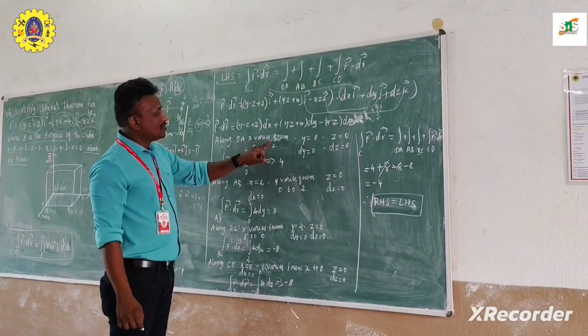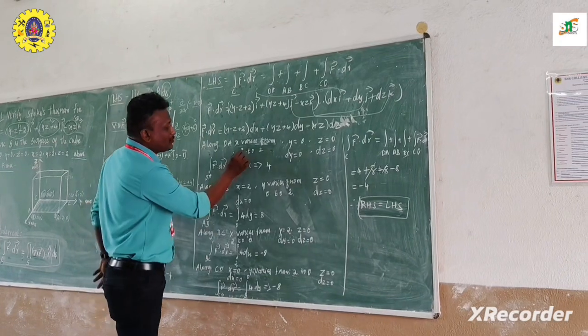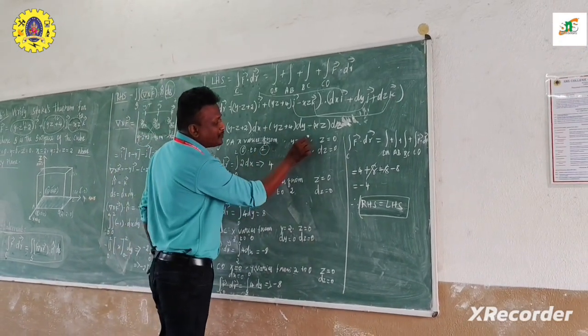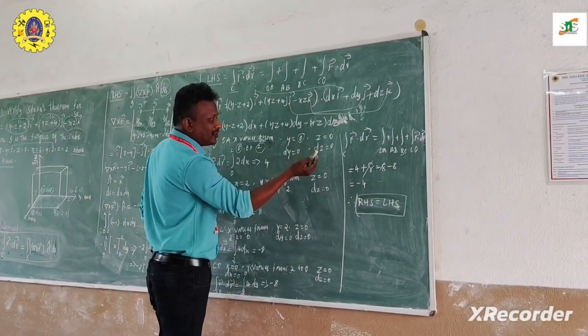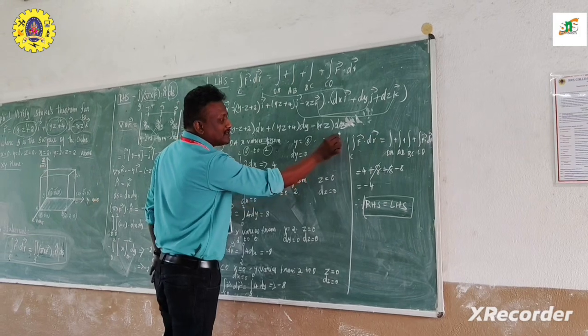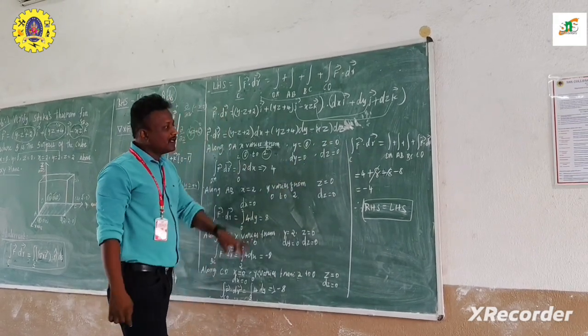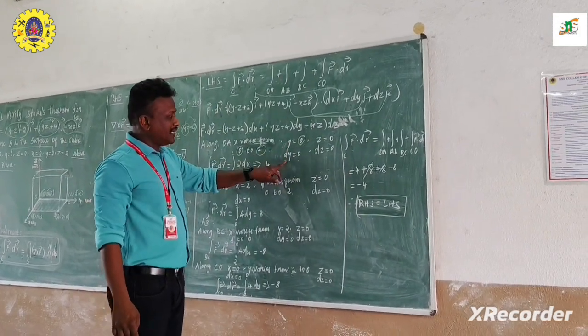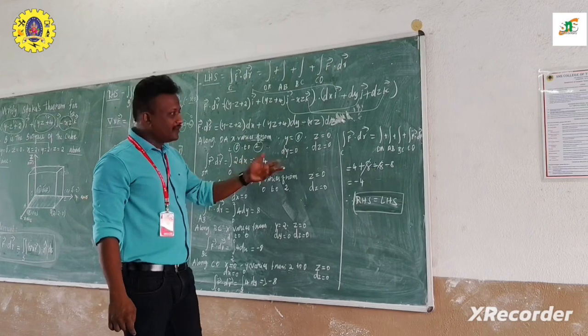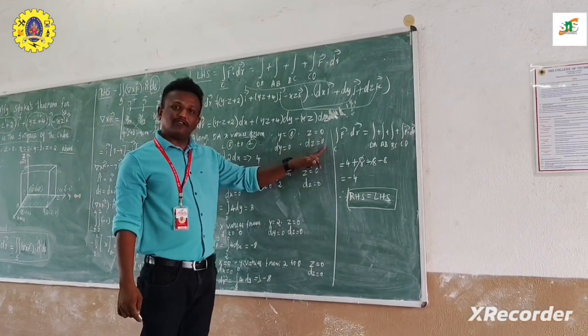X varies from 0 to 2. Y varies from 0 to 0, you can write as simply 0. Similarly for z. If y is 0, then what about dy? That is also 0. If z is 0, similarly dz is also 0.